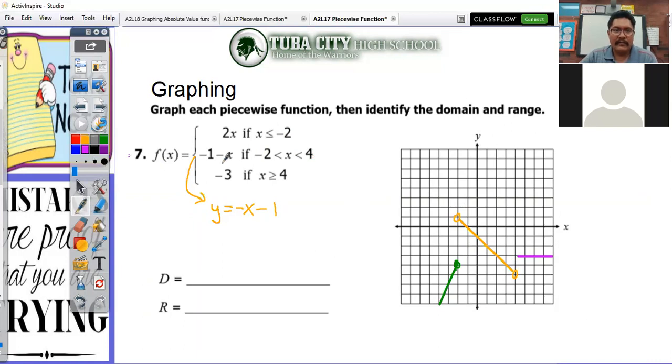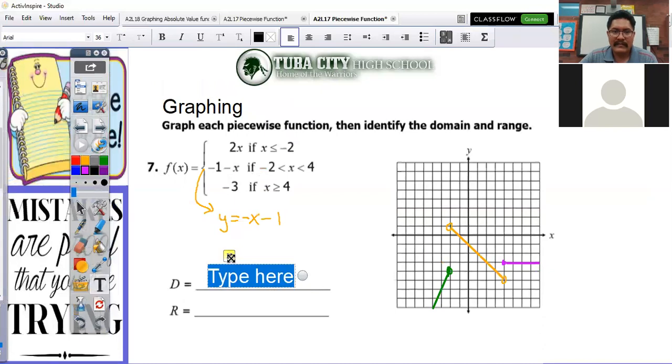And for the purple line, it looks like we do have an or equal to. So this line should have no gaps. No gaps, no holes, no jumps. So it's a continuous domain all the way from one side to the other. So that would mean that this is an all reals domain.